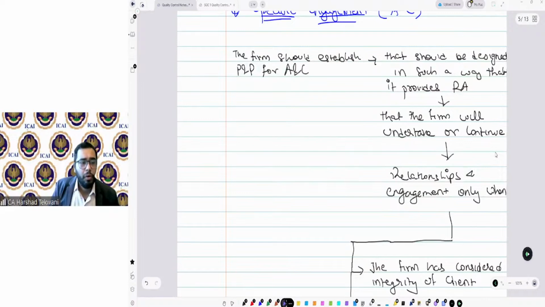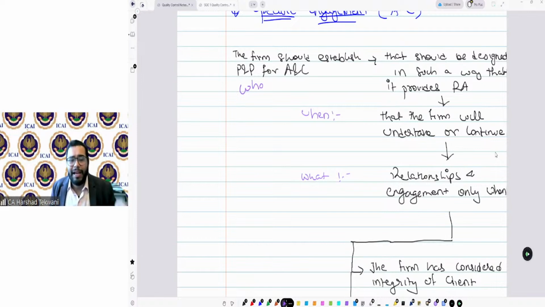Okay. So who should create the policies and procedures? The firm. And it should be designed in such a way that it provides reasonable assurance that the firm will undertake and continue clients when the firm is ready to undertake new clients or continue the old clients.